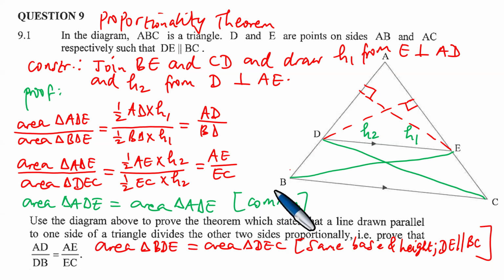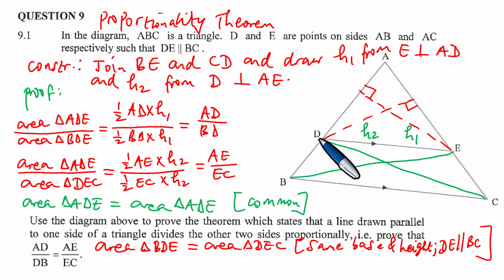So we know that the area of triangle BDE, these two triangles have the same base and height, because they lie between the same parallel lines, DE and BC. Now you can choose any base for these triangles.